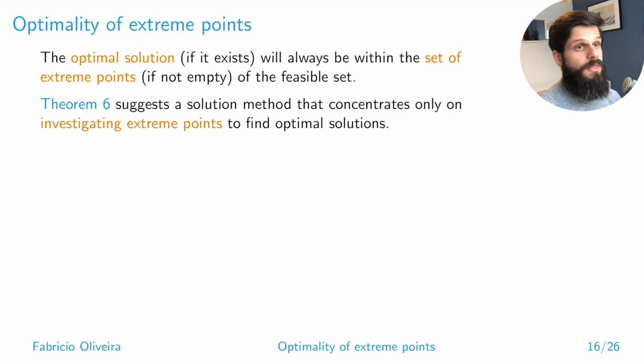And that is the theorem that we use as the stepping stone or the foundation for developing a solution method that is only going to investigate extreme points. And that's what the simplex method is all about. That's kind of why the simplex method is built like so, because we have this theorem that tells us the following.